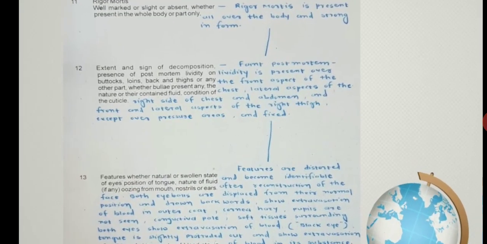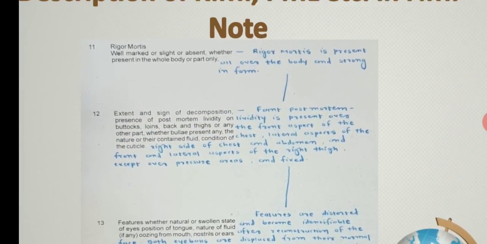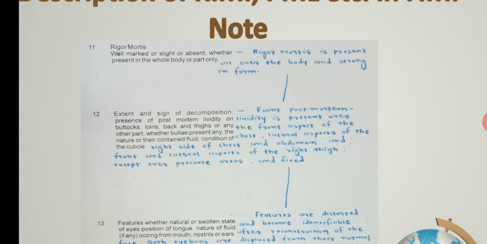So see the specimen sample, that in column number 11, it is shown that rigor mortis is present all over the body and strong in form. So you have to describe where it is present and in which form. Then in column number 12, the faint postmortem lividity is present over the front aspect of the chest, lateral aspect of the right side of the chest, abdomen.